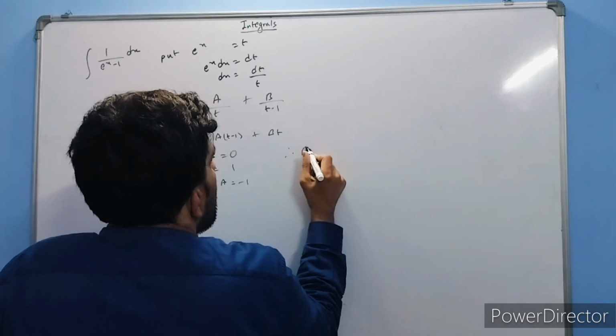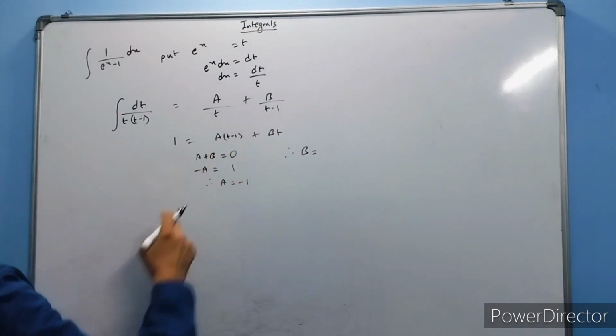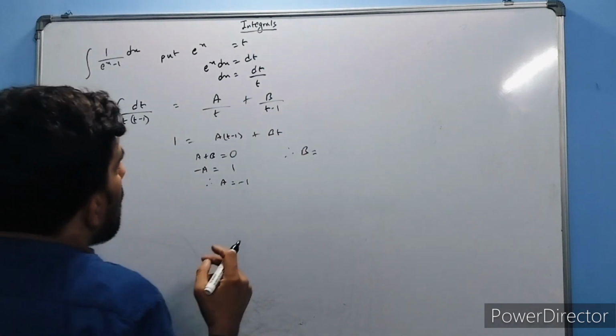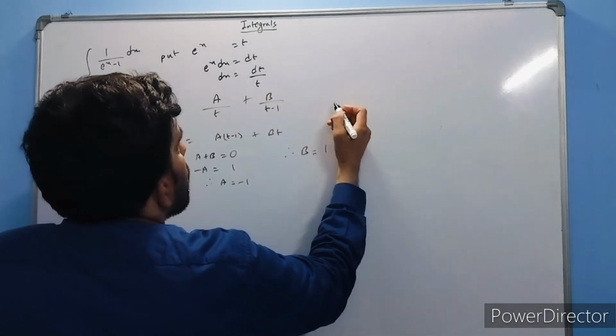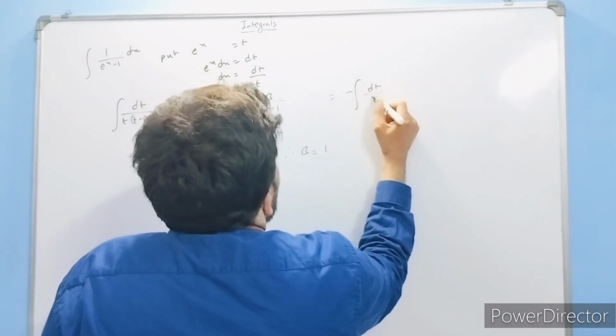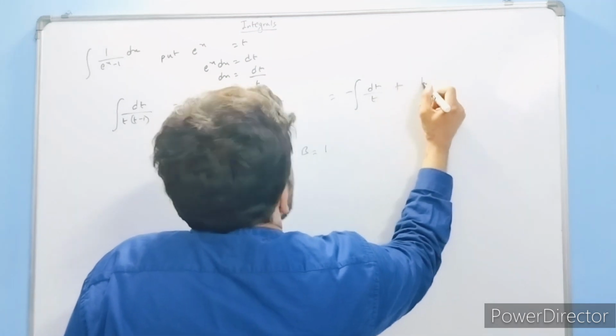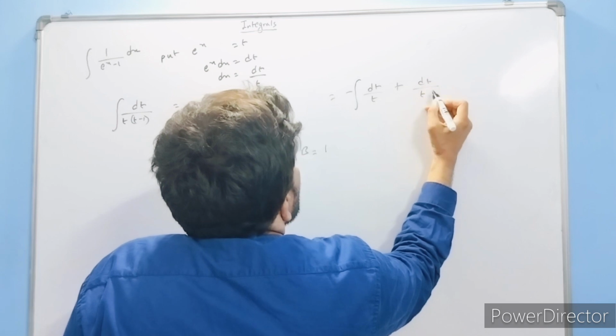So therefore b, we will put the value of a in this, so we get minus 1 plus b is equal to 0, so b is equal to 1. Now we'll put this in, so I will get here minus dt upon t plus dt upon t minus 1.